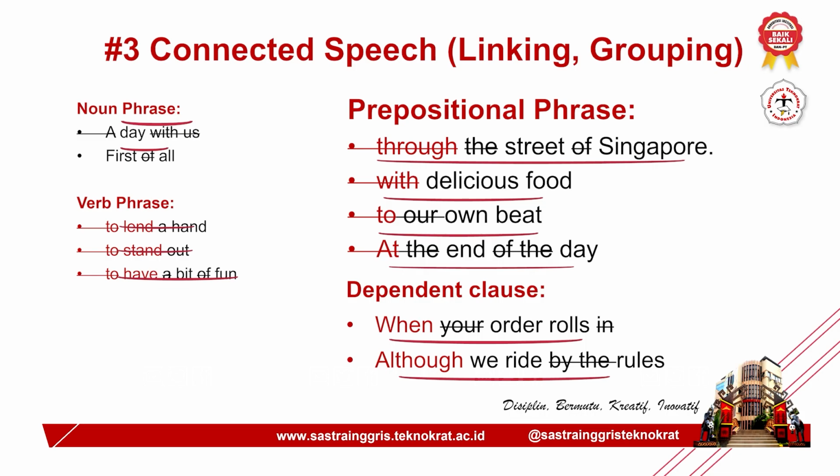Right, the third one is prepositional phrase. It starts with the prepositions. I give you an example here: through the Strait of Singapore. But we know that the preposition is a weak form, so we pronounce it as through the Strait of Singapore.